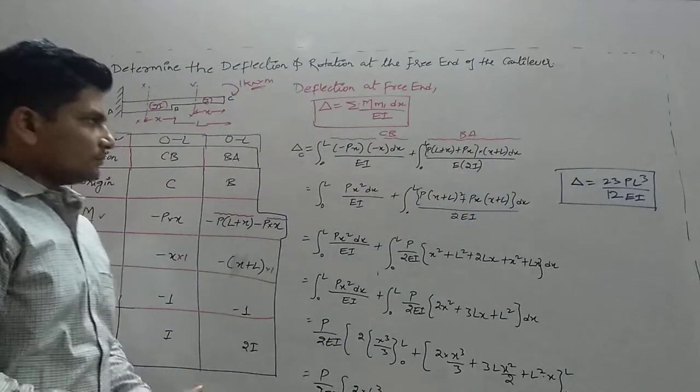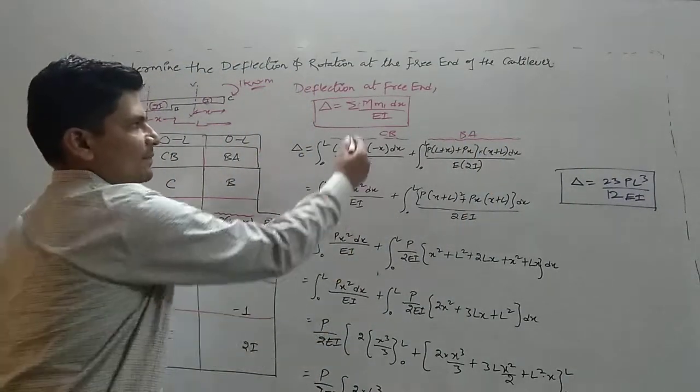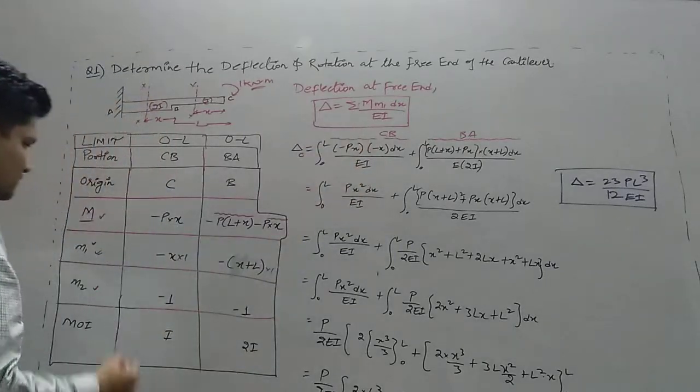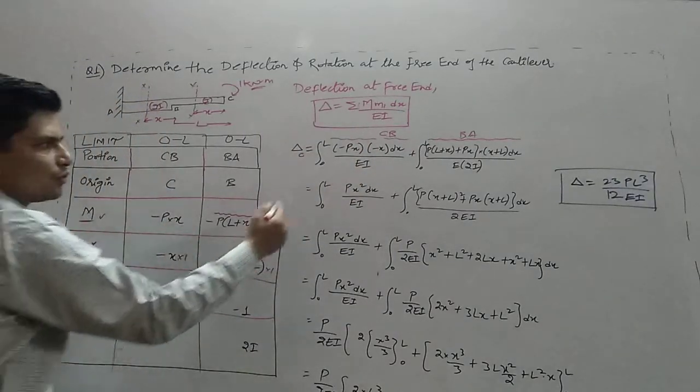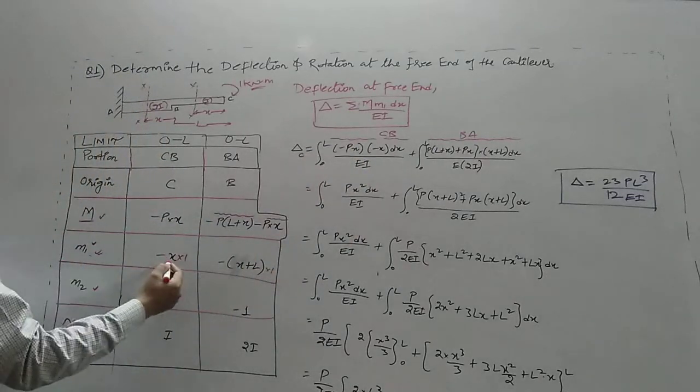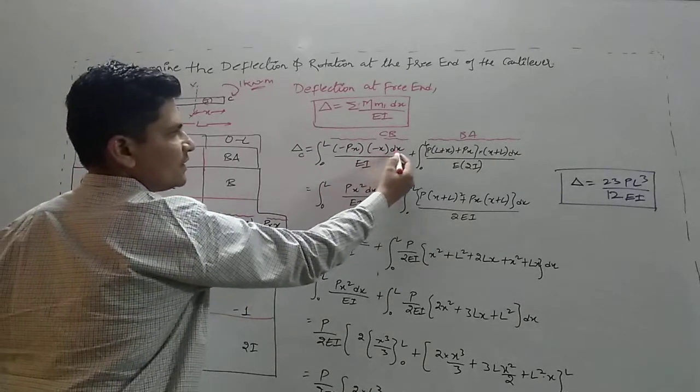Now apply the formula. What is the M value here? The M value is minus P into X, and M1 value is minus X. So it is minus P X into minus X, dx upon EI.